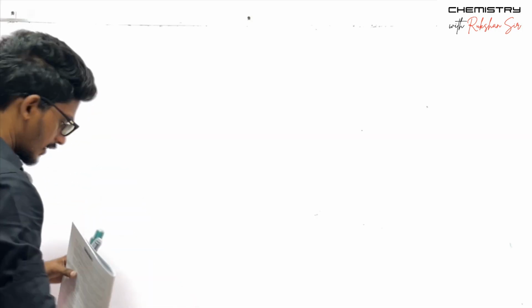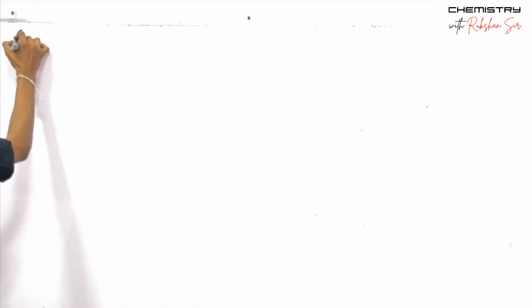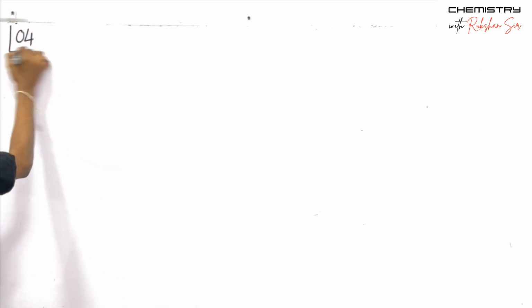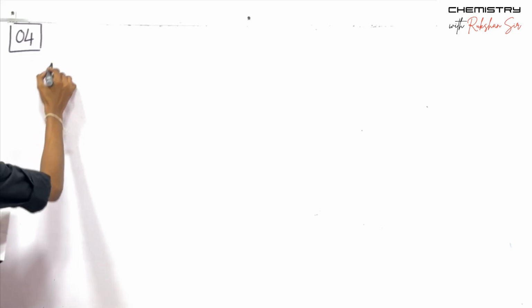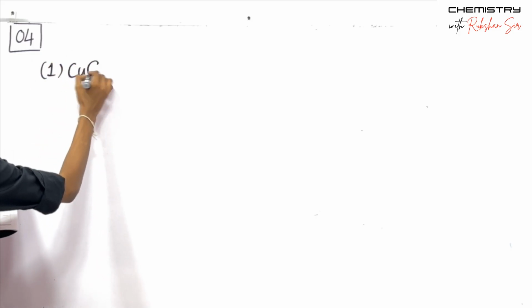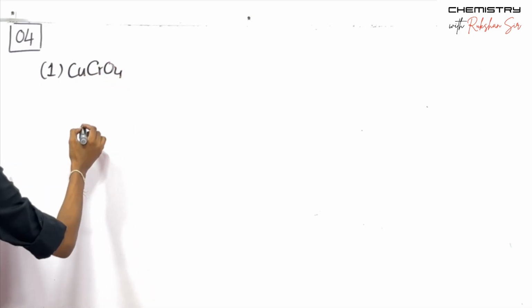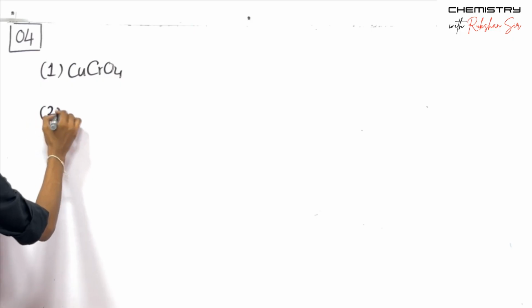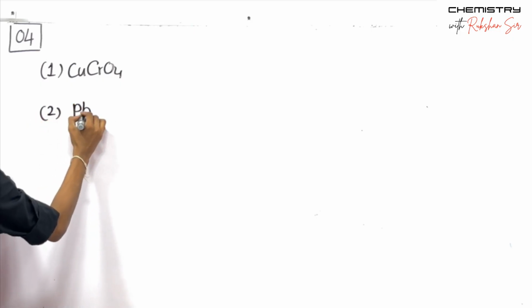Question number 4. First of all, let's go to the choices. Choice number 1 was copper chromate. Then choice number 2, lead chromate.